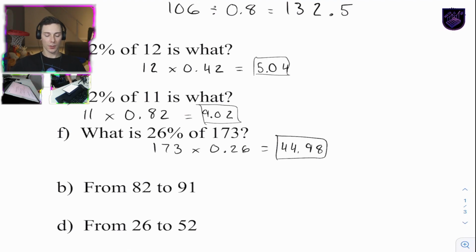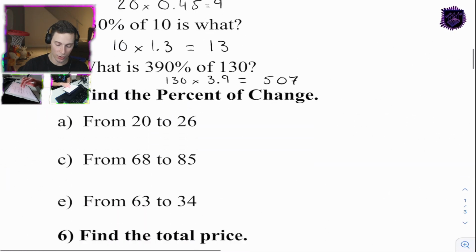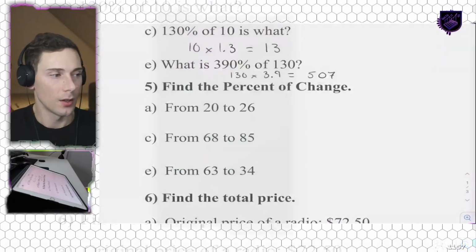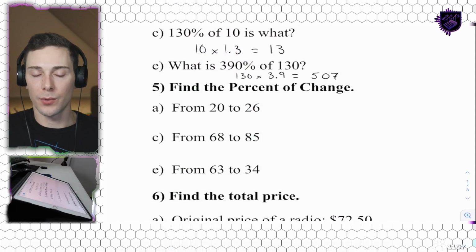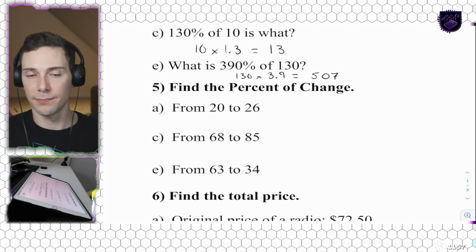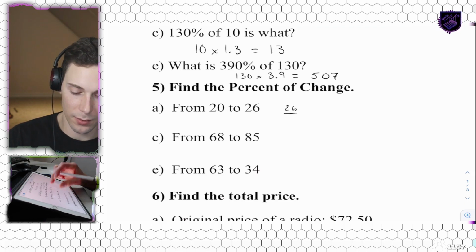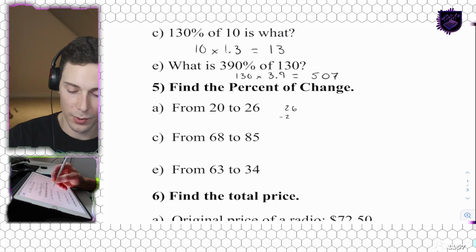Okay. Find the percent change. First, we need to find the difference, and then we need to divide the difference by the starting point. So we're going to go 26 minus 20.